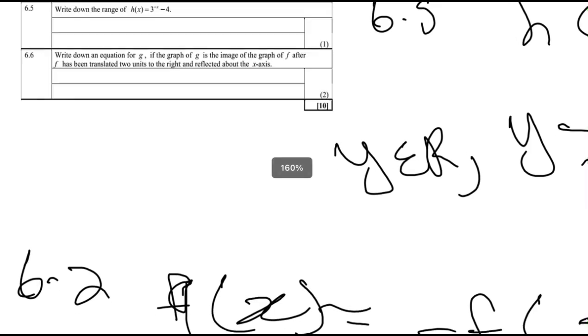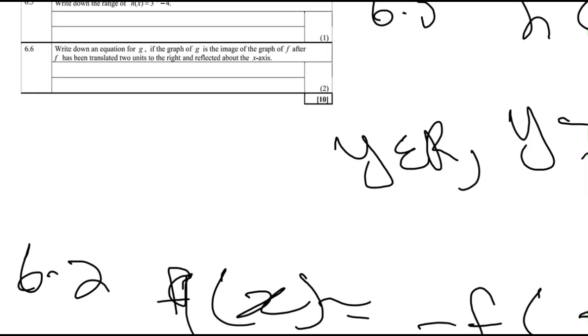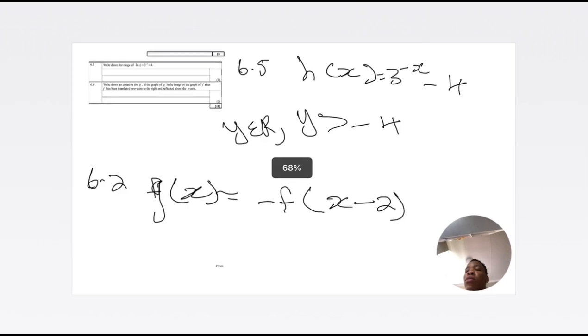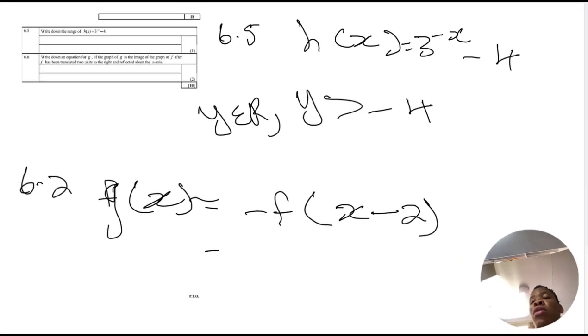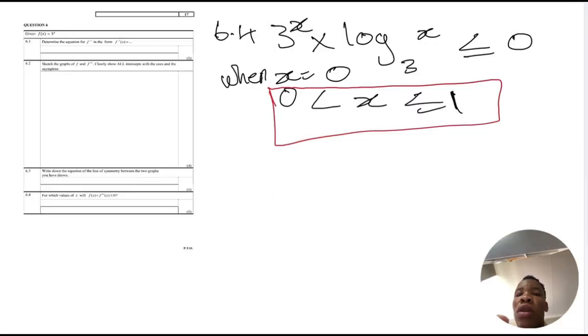Remember, they're saying the graph has been translated 2 units to the right and reflected about the x-axis. So we will have, let me zoom in, negative 3 to the power negative x. Then they're saying it must be x minus 2. Do we have x minus 2? Which equation are they talking about actually here? Okay, they're talking about the first equation of f.